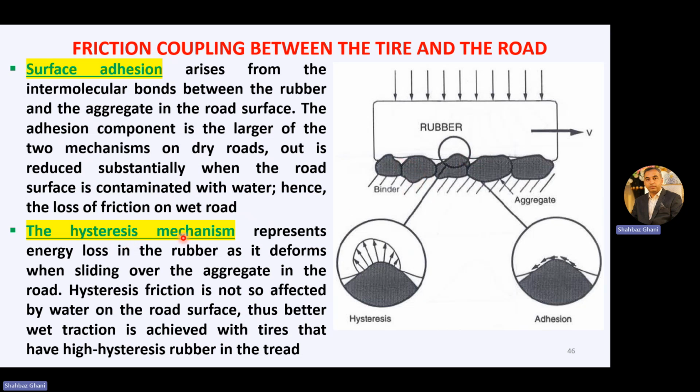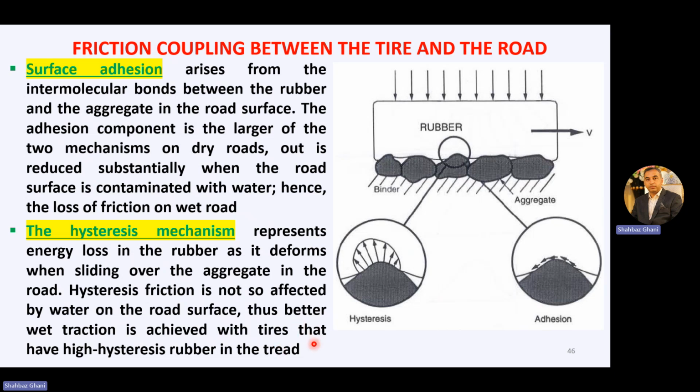Hysteresis and adhesion. The hysteresis mechanism represents energy losses in the rubber as it deforms when sliding over an aggregate in the road. Hysteresis friction is not so affected by the water on the road surface, thus better wet traction is achieved with tires that have high hysteresis rubber in the tread.